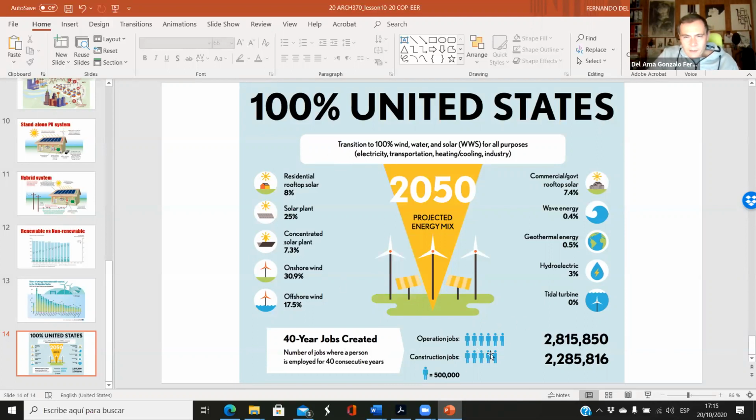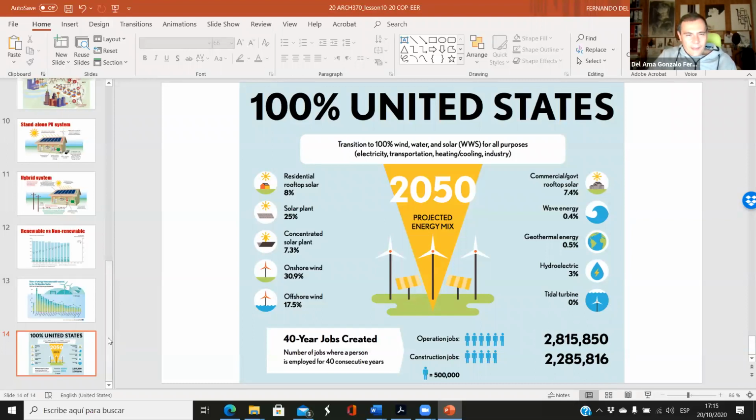Among these jobs, some architects, I'm sure, would be included, because if you want to do this, you have to design buildings, zero energy buildings, to make the most of this rooftop solar energy. So some of these 5 million jobs, some architects will be included here.